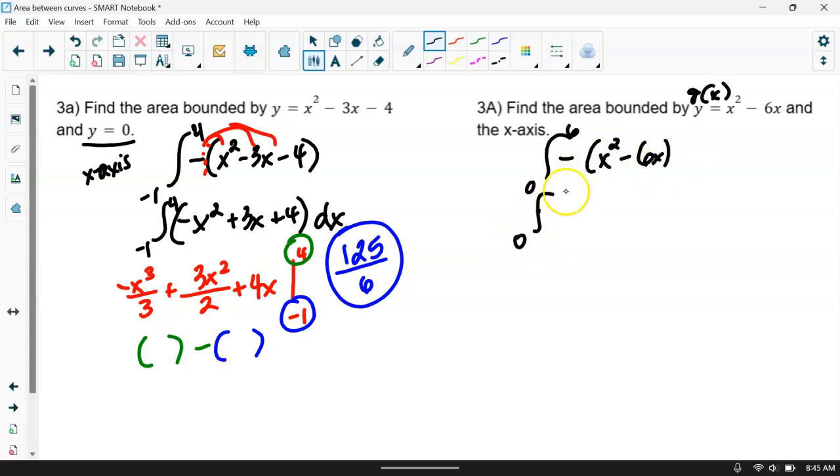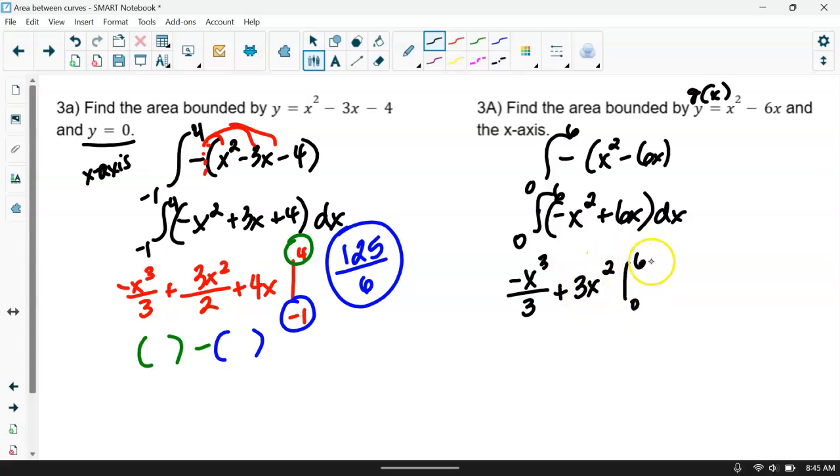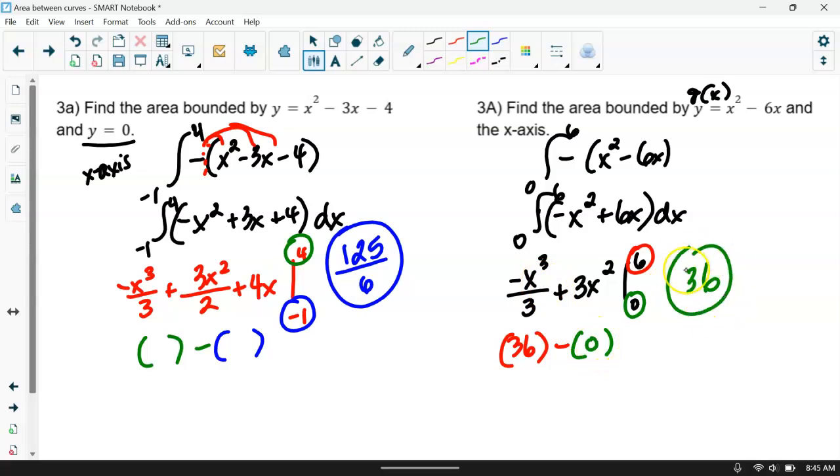So again, the integral from 0 to 6 of -x squared plus 6x, again with respect to x. Then you find the integral, which was -x to the third divided by 3 plus 3x squared from 0 to 6. When you substitute 6 in for x, you should get 36. Minus, when you substitute 0 for x, you get 0. The area is 36.